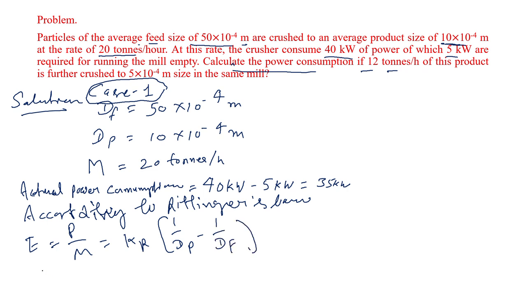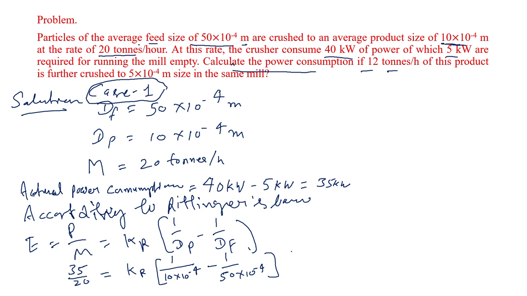So put the values here. P is given as 35 kilowatt, M is given as 20, and KR we have to calculate, and this is 1 over 10 into 10 to the power minus 4 minus 1 over 50 into 10 to the power minus 4.